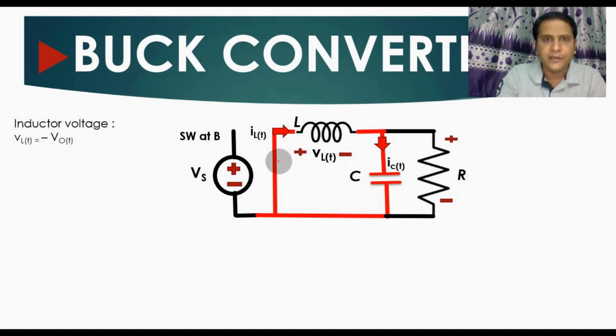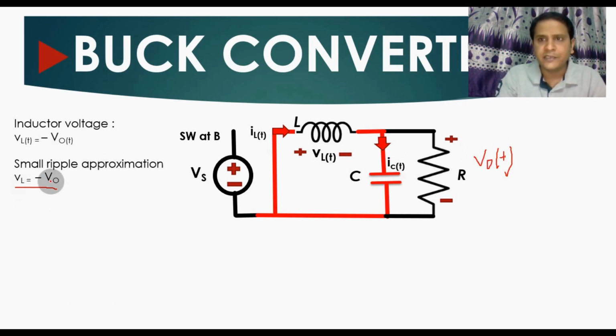For this circuit, if you apply KVL, the voltage across the inductor VL(t) equals minus Vo(t), since here we have output voltage Vo(t). If you do small ripple approximation, the voltage across the inductor is minus Vo, right?